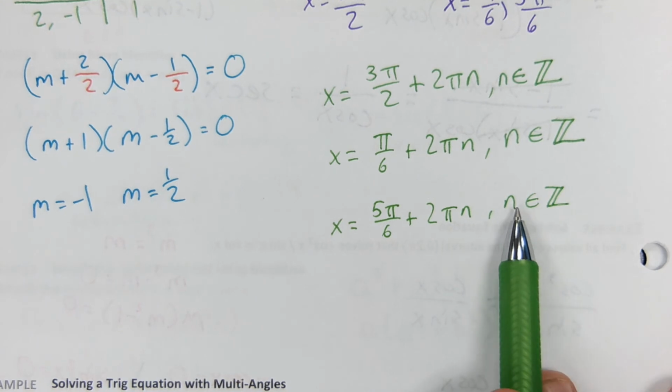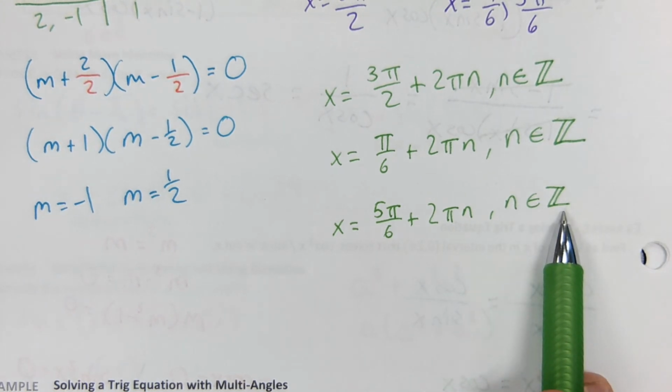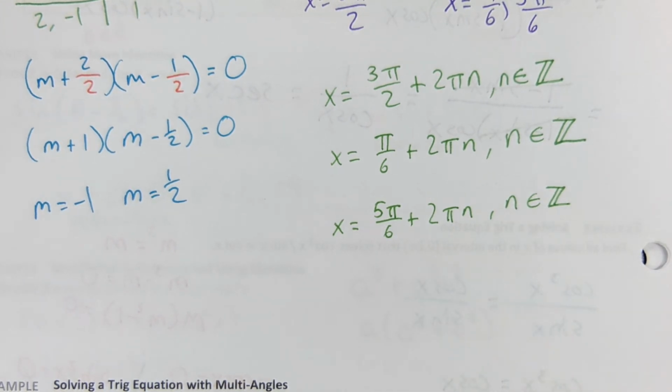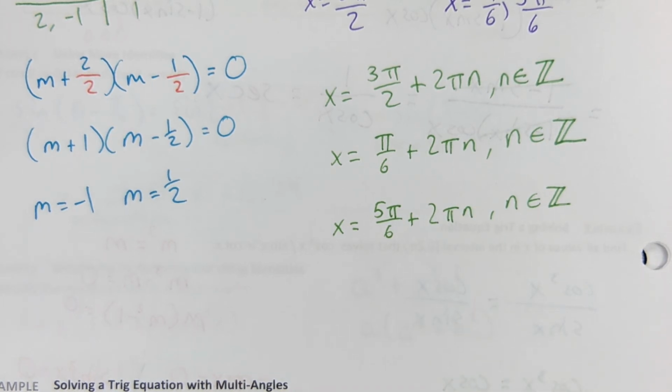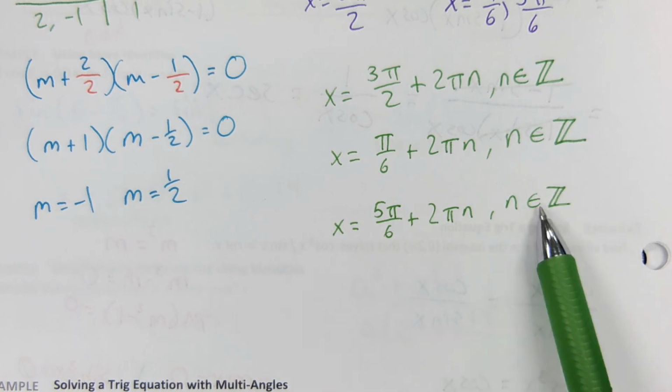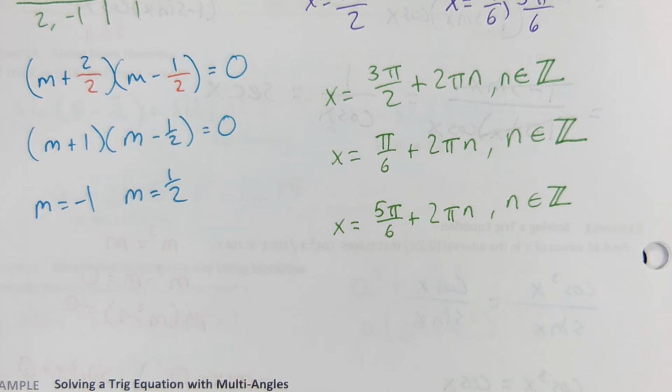Because if you don't say that n is an integer, then that means n could be a decimal. But 0.5 whole circles will not land you in the same spot. It must be a whole number of full circles. N is an integer.